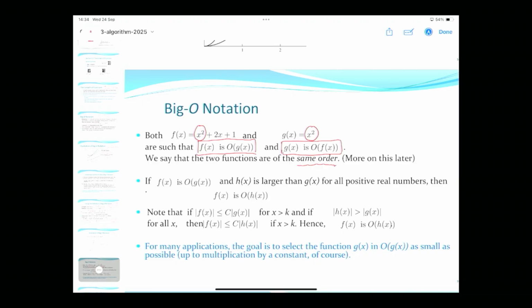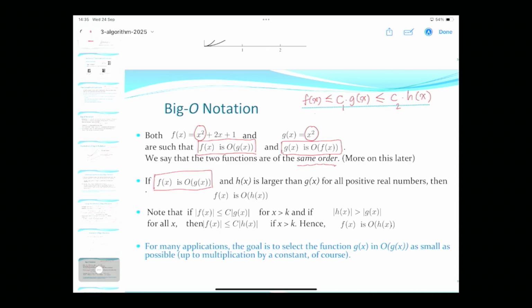But let's see the next case, when f(x) is O(g(x)) and there is another function, h(x), which is larger than g(x). So that is considering f(x) less than or equal to g(x) less than or equal to, let's say, c1, c2 times h(x) this way.